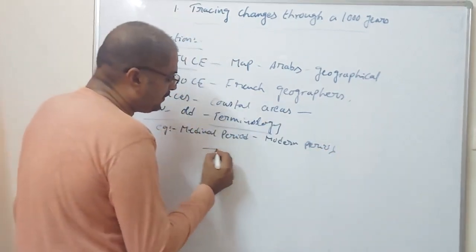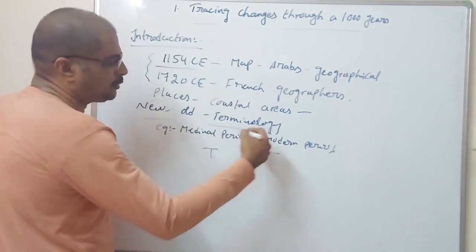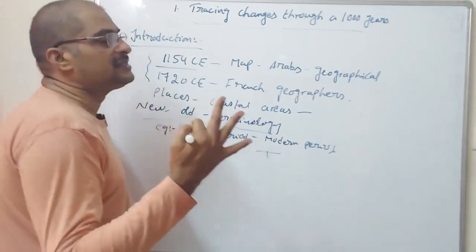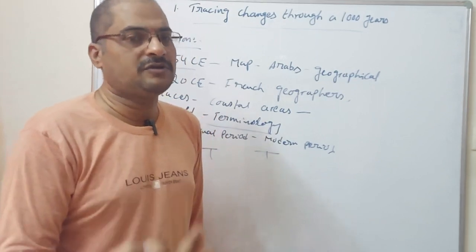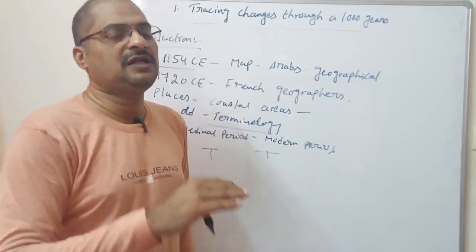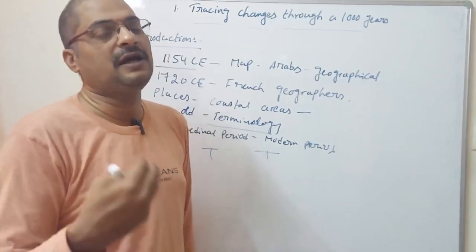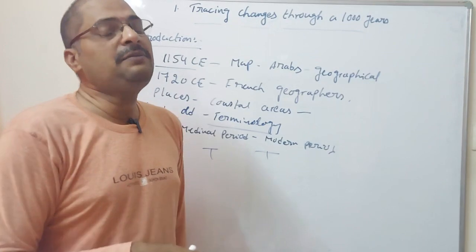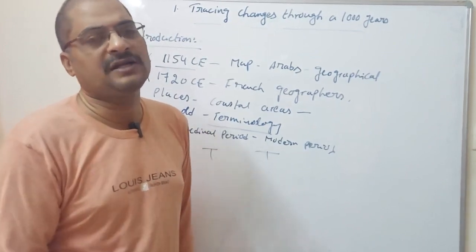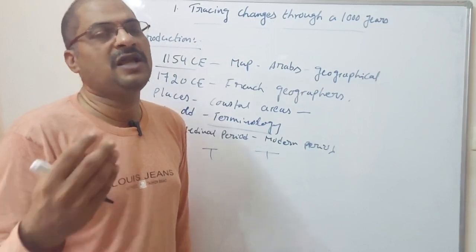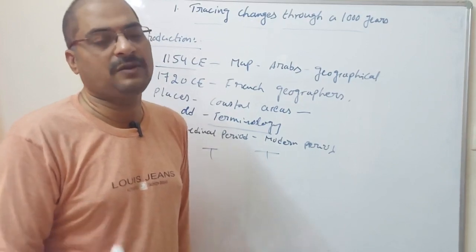In the ancient period, people were searching and finding out some places. In the medieval period, with the help of the ancient period, they found some places, and trading and commerce also changed in the medieval period.